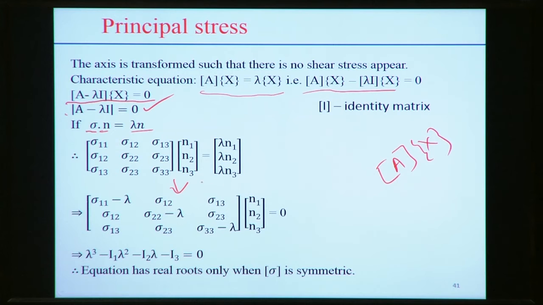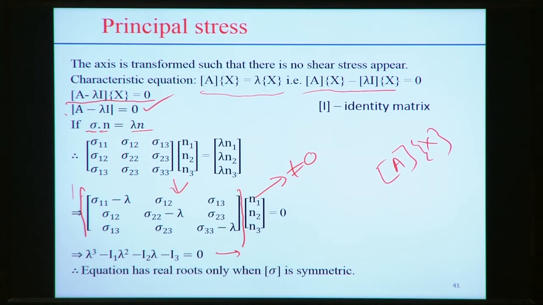So this brings the determinant of this equation, which is equal to 0, since the variable state cannot be 0. When you do this manipulation to find the principal stresses, finally we get a cubic equation like this.